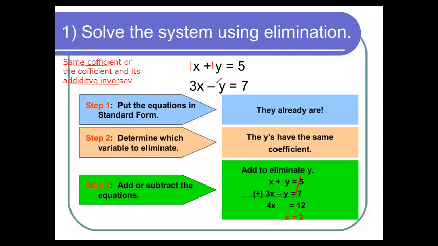Negative 1. Did you find either of the two cases, the same coefficient or a coefficient with its additive inverse? Yes, we have 1 in the first equation and negative 1 in the second equation, so we found the number and its additive inverse.